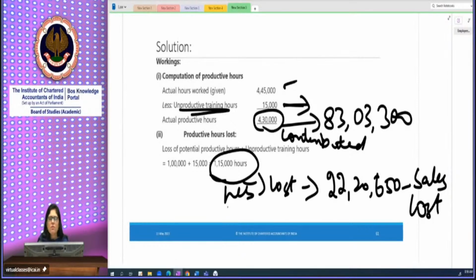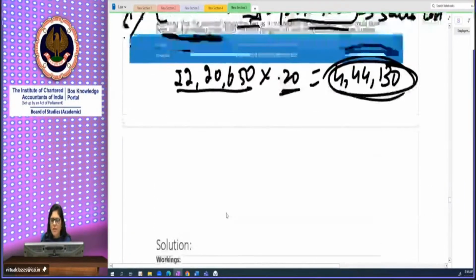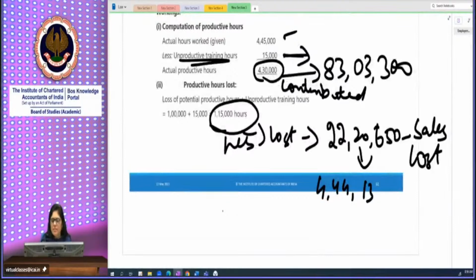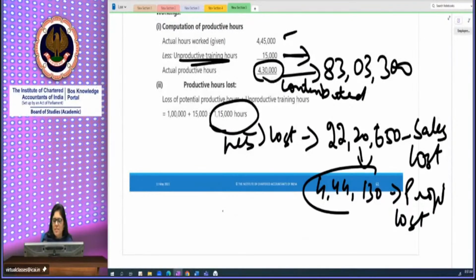And because of these sales, 4,44,130 profit also we lost. So this is the actual loss due to the loss of the sales.